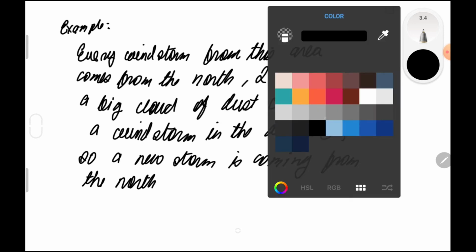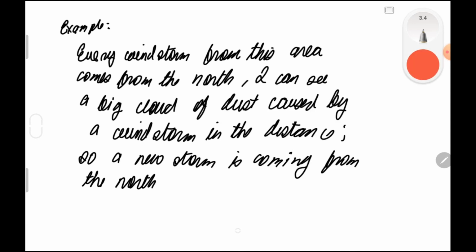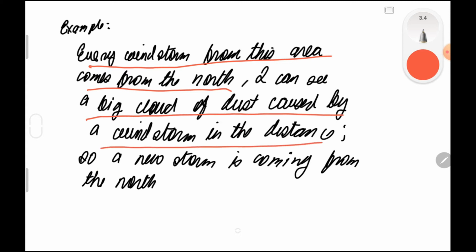So mapapansin nyo dito na yung statement niya, or premise ng statement na to, is every windstorm from this area comes from the north. Okay? I can see a big cloud of dust caused by a windstorm in the distance. So, pero sabi ng statement na every time na mayroong windstorm, it is coming from the north.